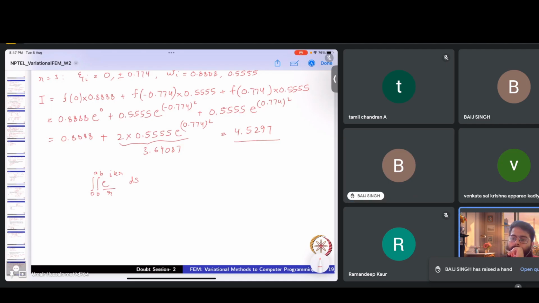So you're saying that we can get the integral for a four-node element using just one point, isn't it? Yeah. So that basically helps us. What the catch is here is that for a four-noded element, only the contribution from one point is enough to get the integral.